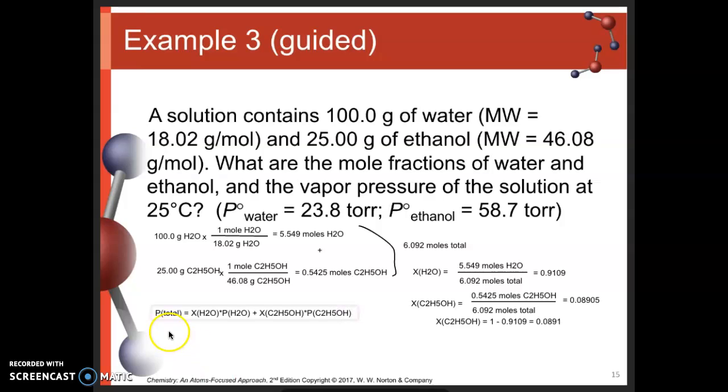Now that we know what those values are, we can start to put them in. Mole fraction of water is 0.9109. Its vapor pressure is 23.8 torr. And we're adding that to 0.08905, the mole fraction of the ethanol, times 58.7 torr, the vapor pressure.